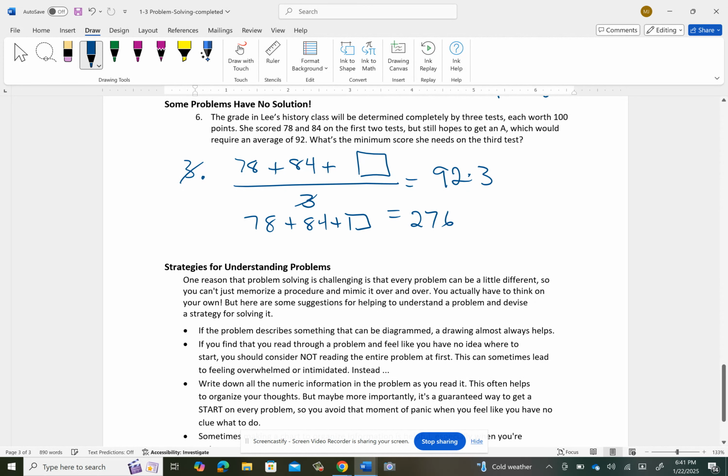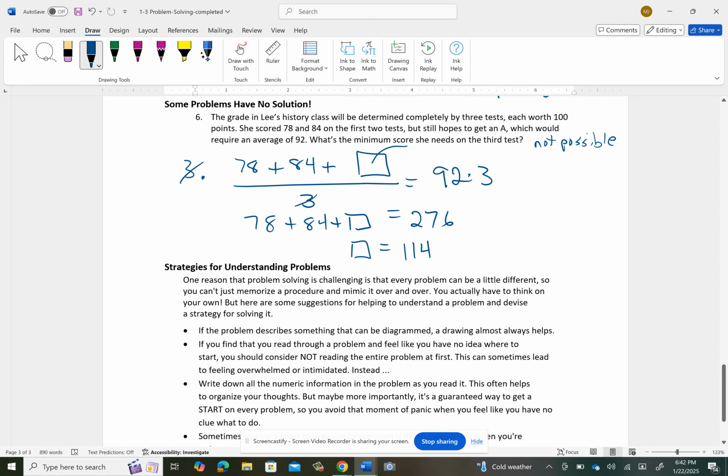So then I could say, all right, if I took away the 78 and the 84 she already earned, that would mean that she would need a test grade of 114. So really, it's just not possible. Not possible. Okay?